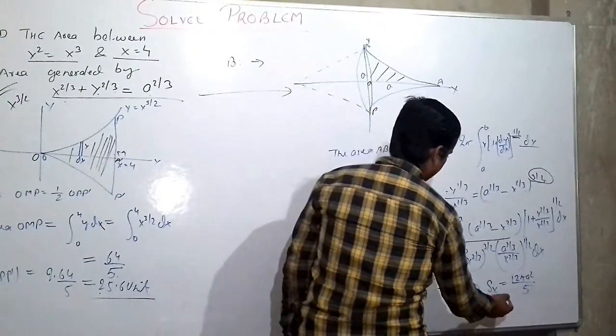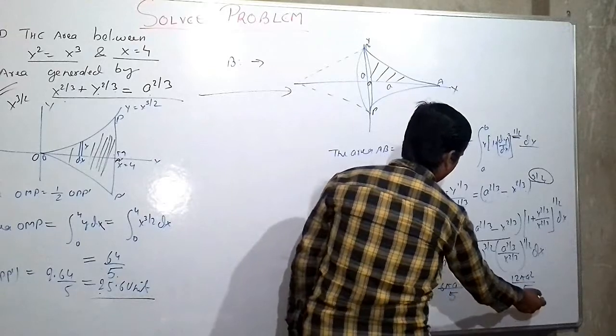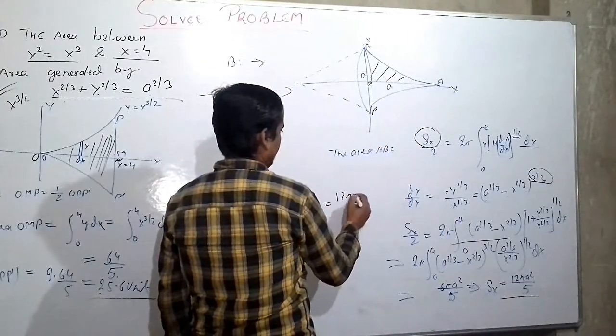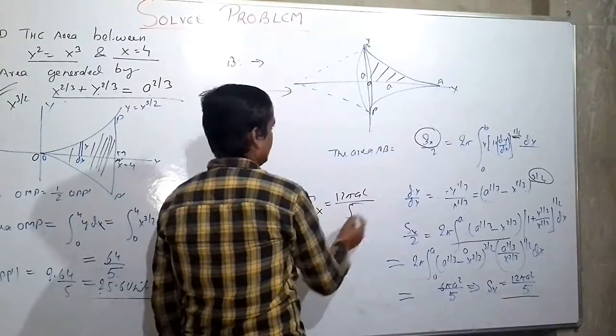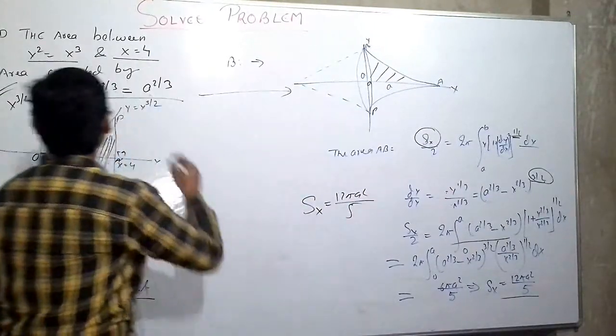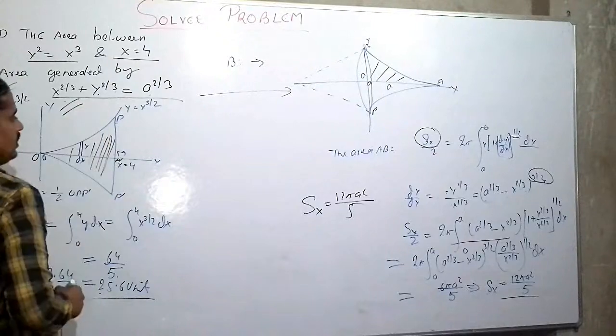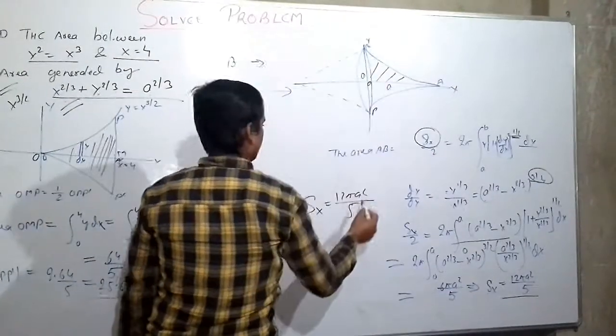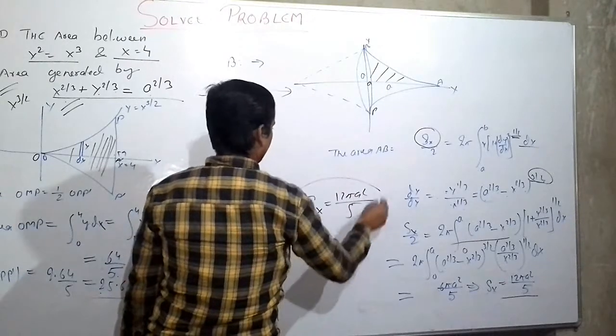So the total area is 12 pi a squared by 5. This is the solution of this problem. Means total area PAB is equal to 12 pi a squared by 5.